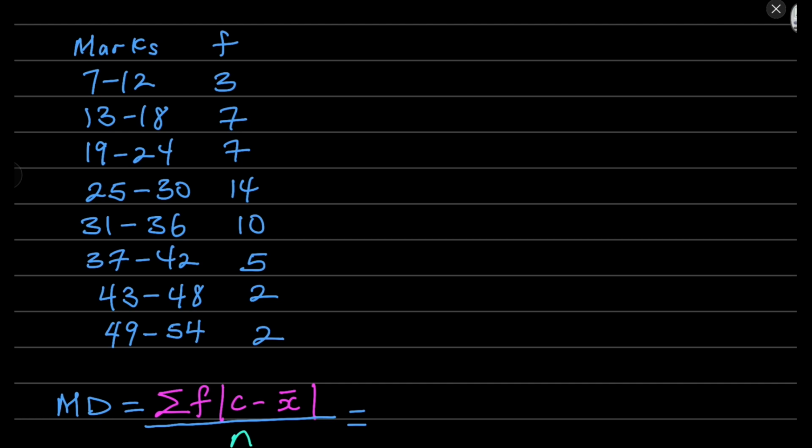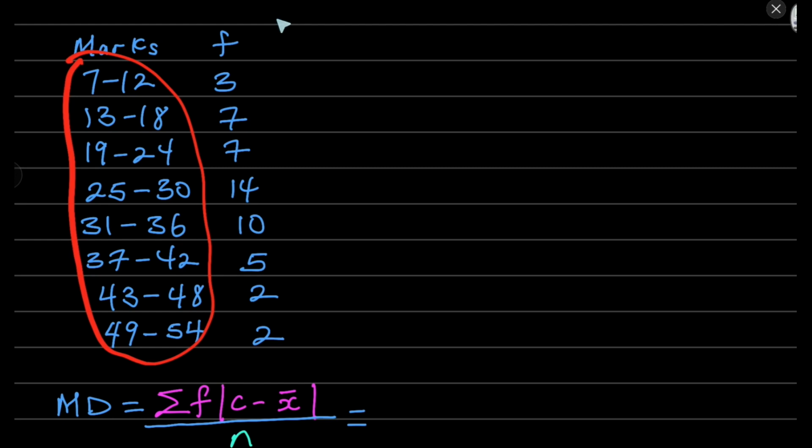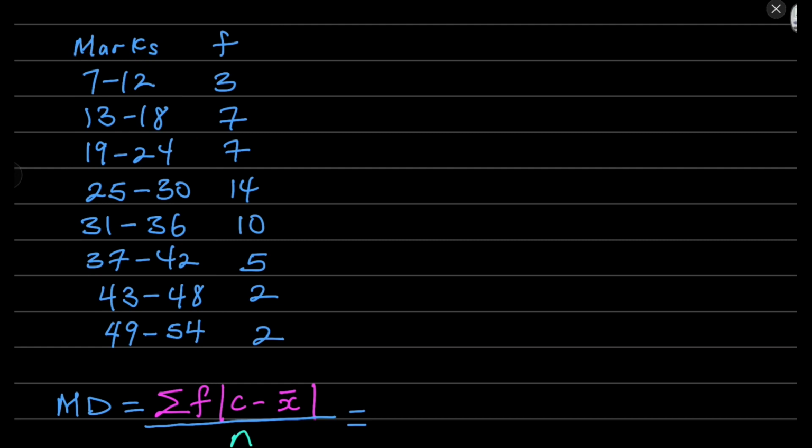So usually I was supposed to find x bar, but I'm going to be skipping how to find x bar simply because I have a video dedicated to show you how to find x bar when we are dealing with grouped frequency distribution like this. So not to waste too much time, I'll be skipping the x bar. So I'm just going to write the x bar value.